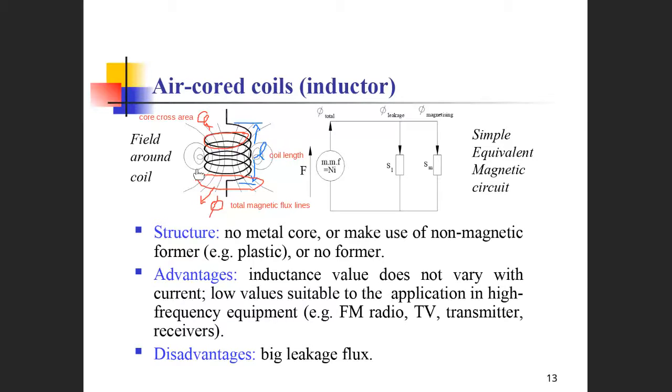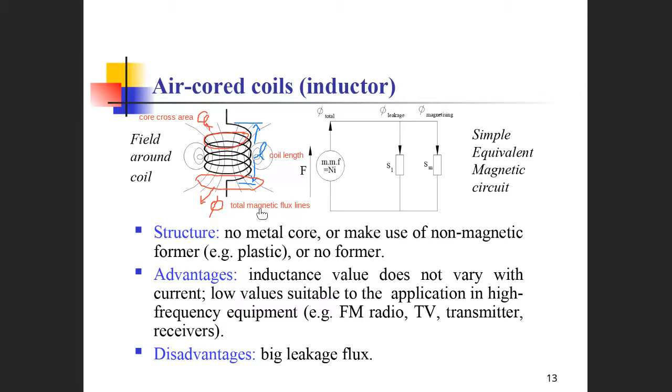Let me further explain the parameters. L is the coil length, the path length. Phi is the total magnetic flux produced by these coils, and A is the core cross area. Here the core is an air core.